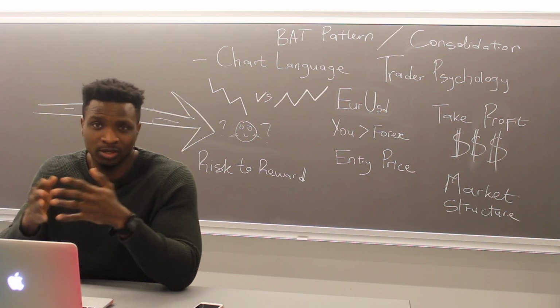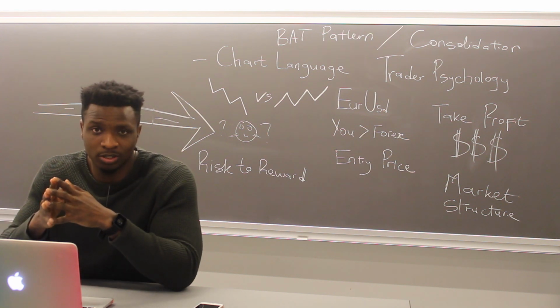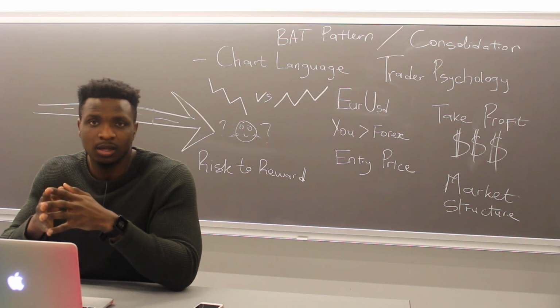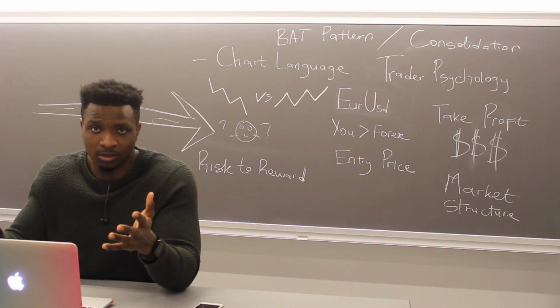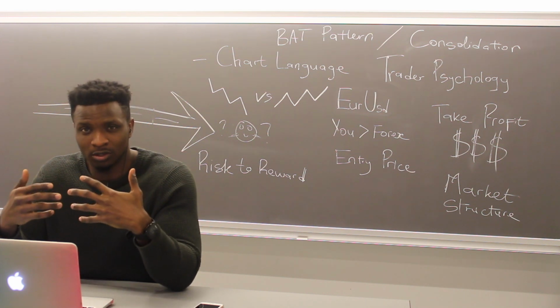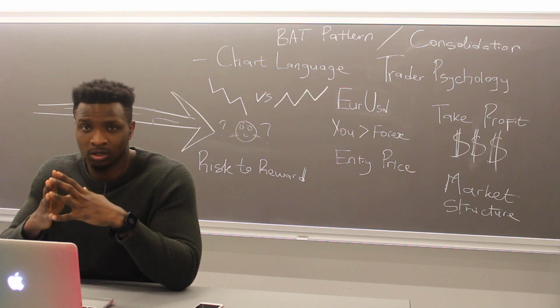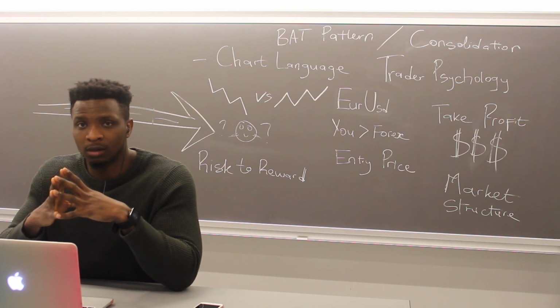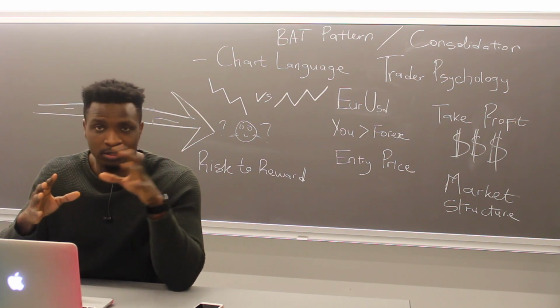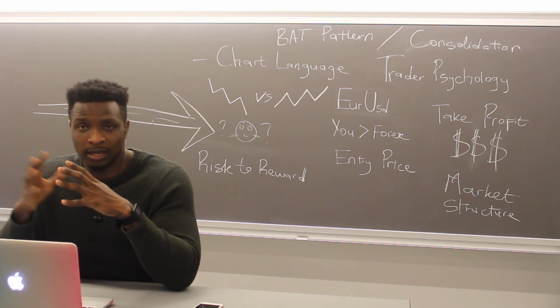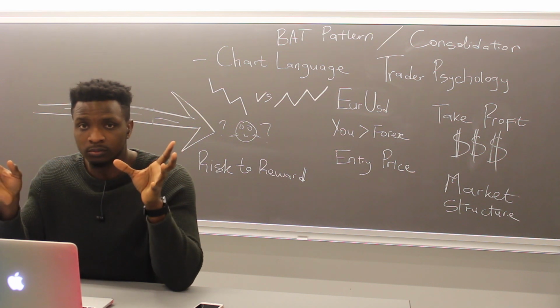Because at the end of the day, as retail traders, all we can do is read what the market is telling us, and the market speaks to us through the charts. But a lot of people focus on these other external things that are not going to add anything to their trading when it comes to reading a price chart. They depend more on the MACDs and the RSI and the stochastic and so on.